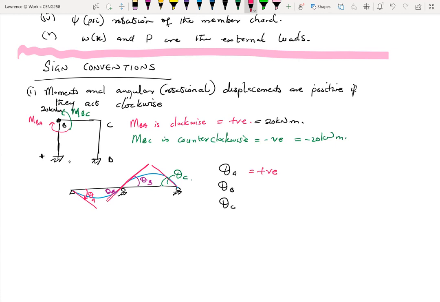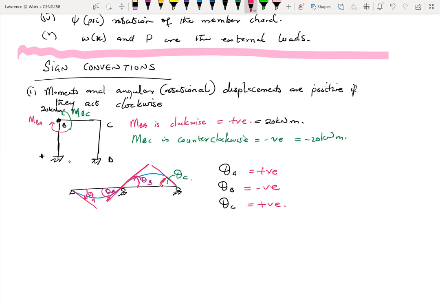Now, if you look at theta B, it rotates this way, against the clock. In both cases, it's rotating against the clock. So that will make theta B negative. Now, theta C rotates in the same direction as the clock, so that will make theta C positive. So these are sign conventions for us to take note of.